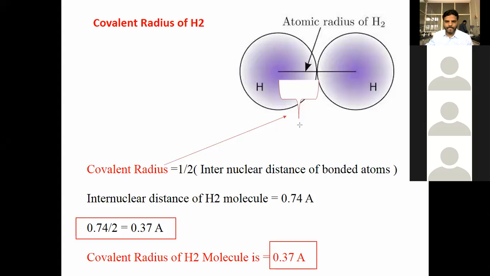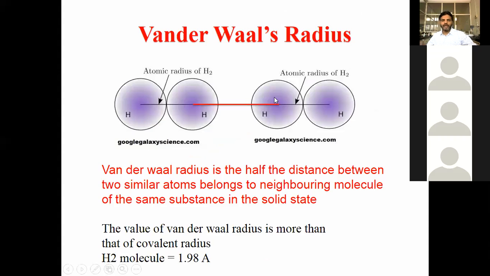Next we will go to another slide. So everybody is clear? Yes, sir. Next is the van der Waals radius. What is the van der Waals radius? Half of the distance between two similar atoms belonging to neighboring molecules of the same substance in the solid state.